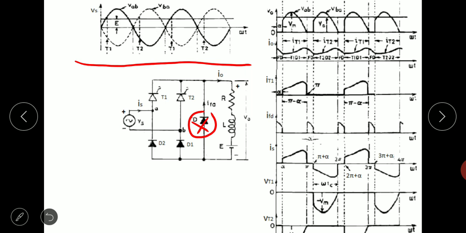At an angle alpha, as we have already discussed, alpha should be greater than theta 1.